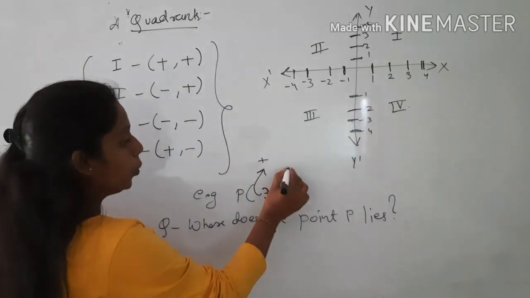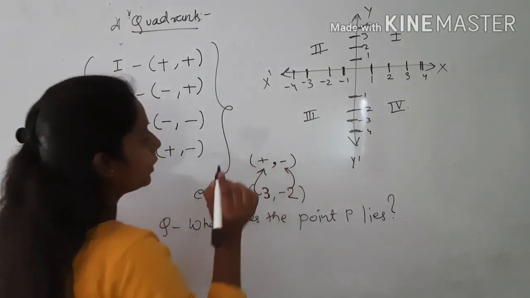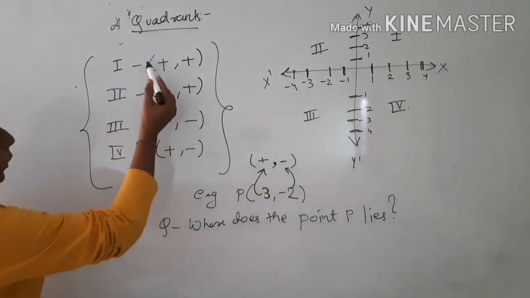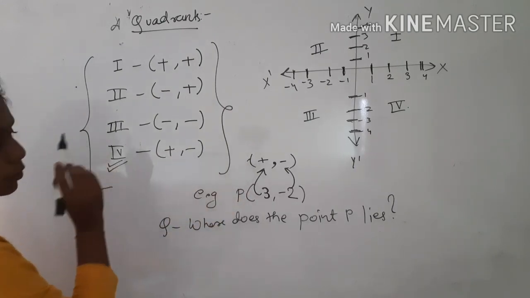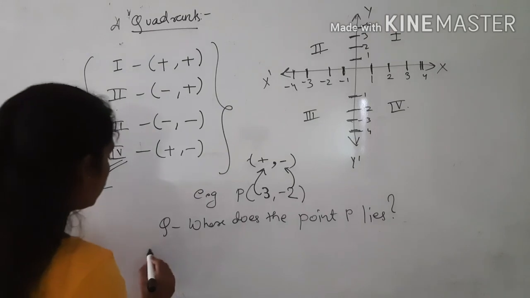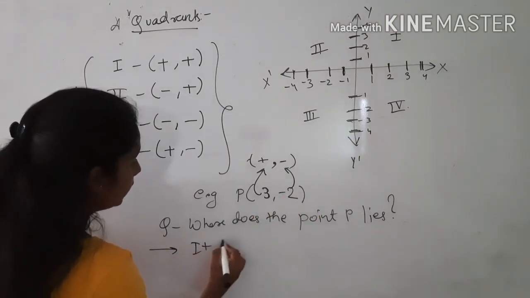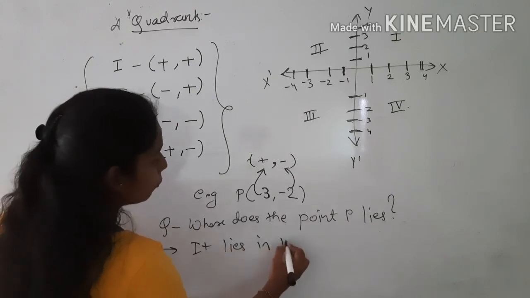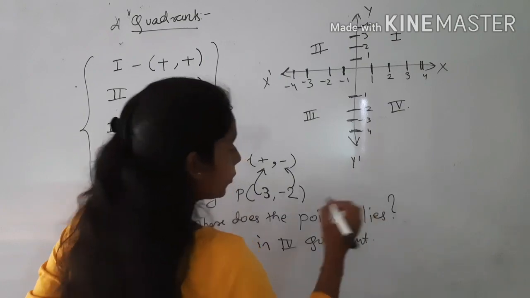The sign for 2 is negative. So what is the combination? Plus comma minus. According to our quadrant signs, it comes under the fourth quadrant. So if the question is asked like this, where the point P lies, it lies in the fourth quadrant.